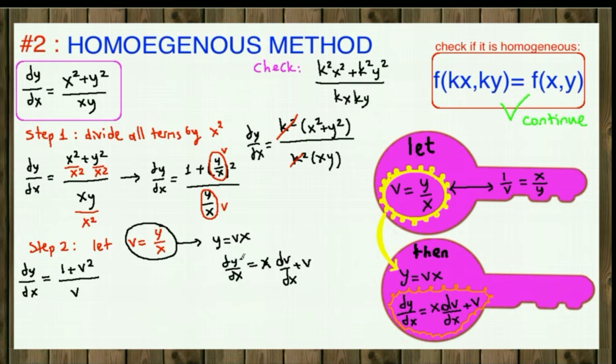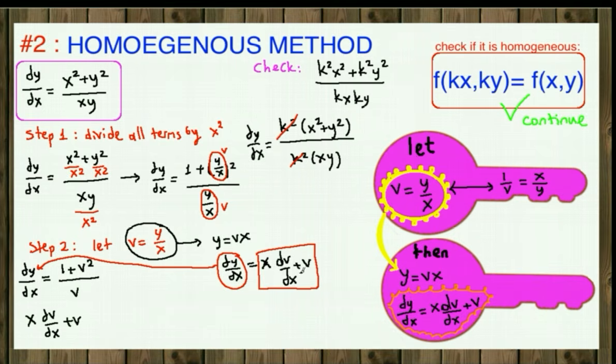Now this dy dx will be substituted with the other dy dx. So instead of dy dx we use x times dv over dx plus v, which we get from the differentiation of y equals v times x, equals 1 plus v squared over v.